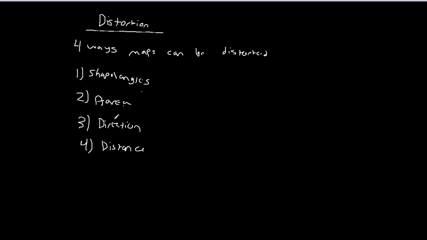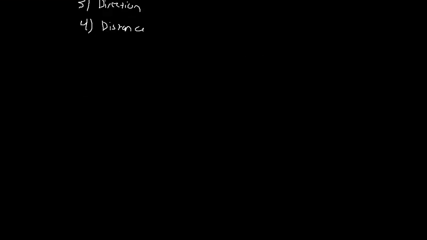So let's go ahead and parlay this idea of the 4 types of distortion into being able to talk about how we can actually visualize or explain or quantify distortion. Or put another way, how do we measure distortion?